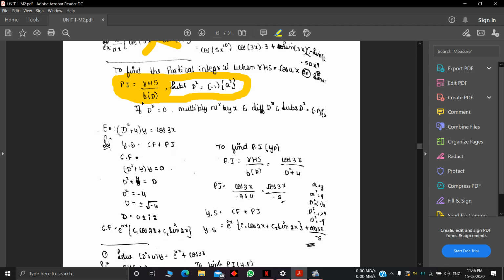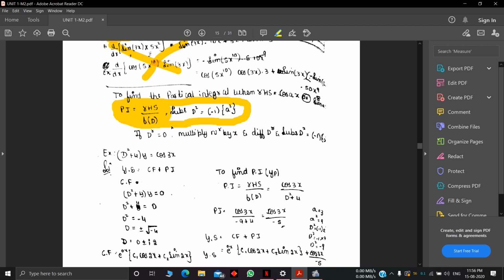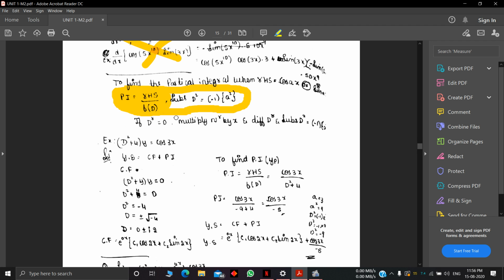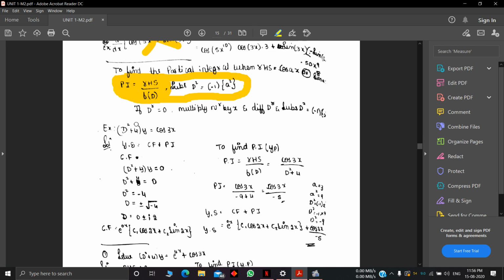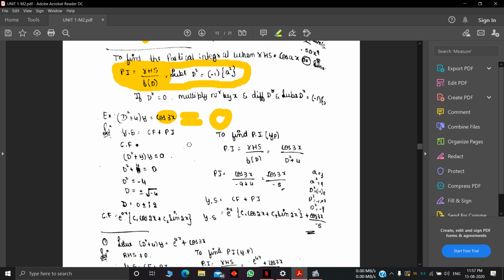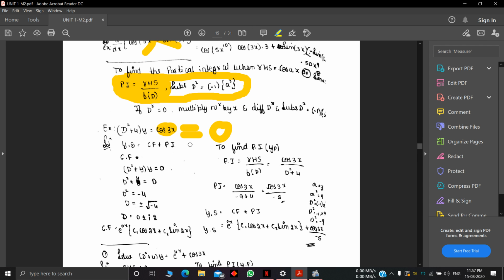So we are using this formula to deal with the non-homogeneous questions. Till this time we were dealing with questions where RHS is equal to 0, but now just see this example: the RHS is not equal to 0, so this is a non-homogeneous type of question.